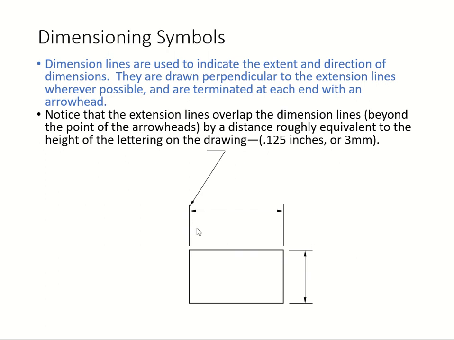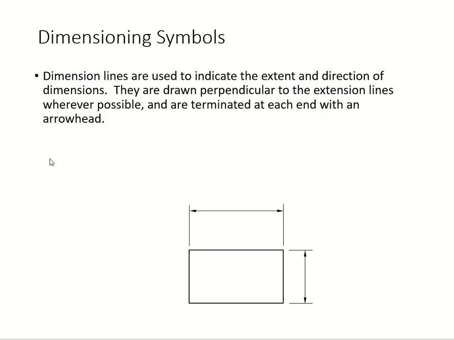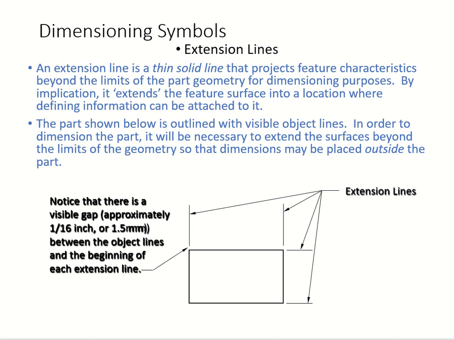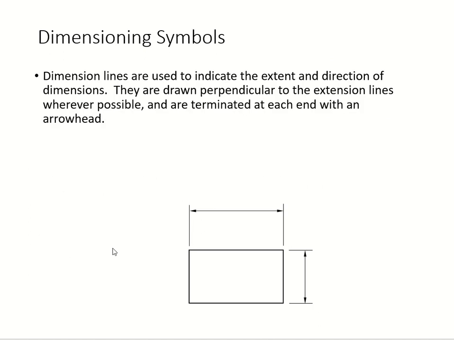You have to put it at the top, and you have to leave a little bit of space, about 0.125, that's about 3 millimeter. Going back here, this gap is about 1.5 millimeter, so 2 times that, about 3. Have some length of the extension line above the dimension line. Make sure you pay attention.